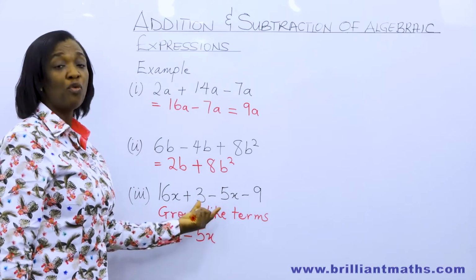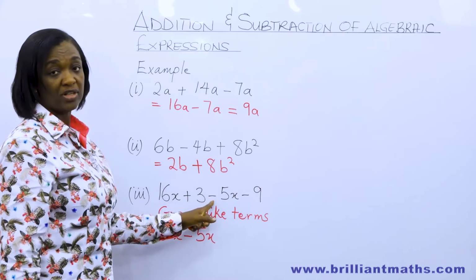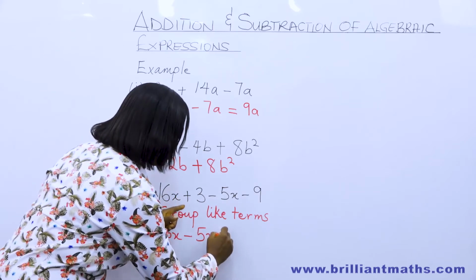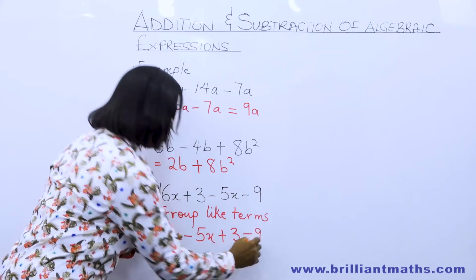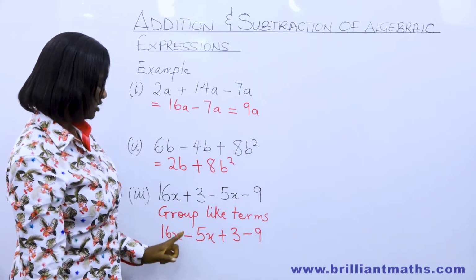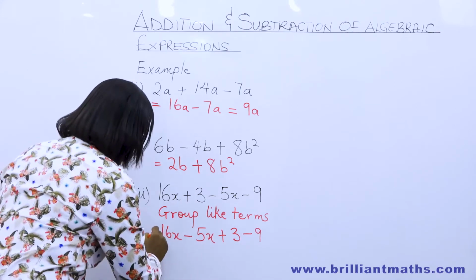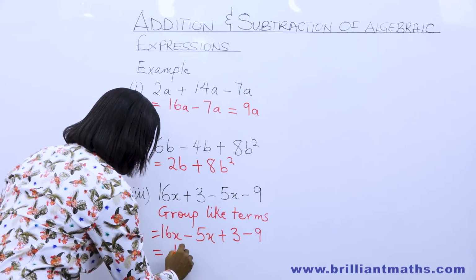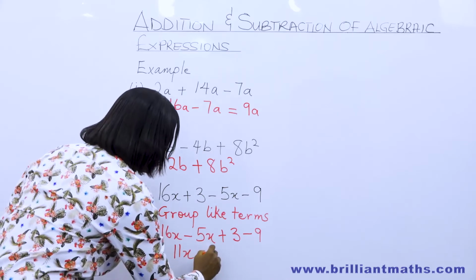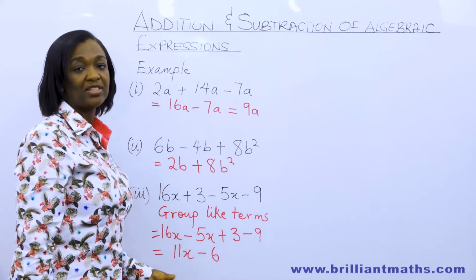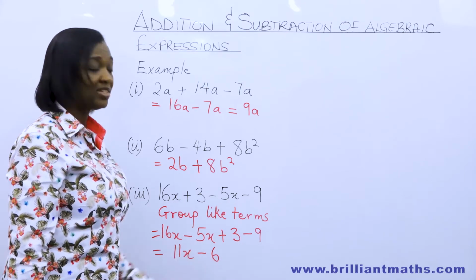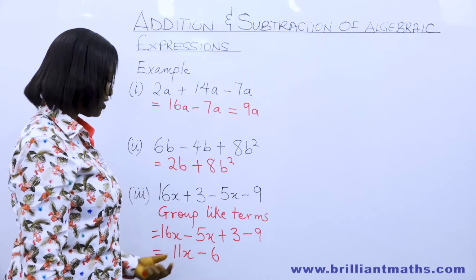The variables move with the operation in front of it. So it's 16x minus 5x plus 3 minus 9. You can choose to put them in a bracket or leave them without a bracket. 16x minus 5x is equal to 11x, and plus 3 minus 9 is equal to minus 6. And that is the final answer, because you can't simplify it any further. 11x and minus 6 are unlike terms, so you leave the answer like that.